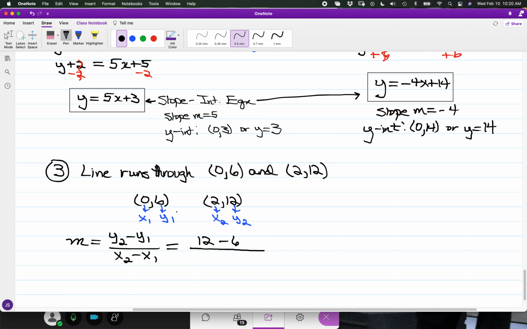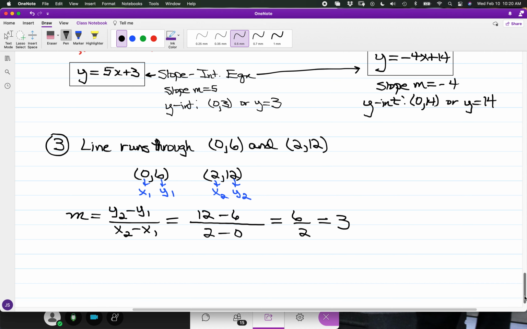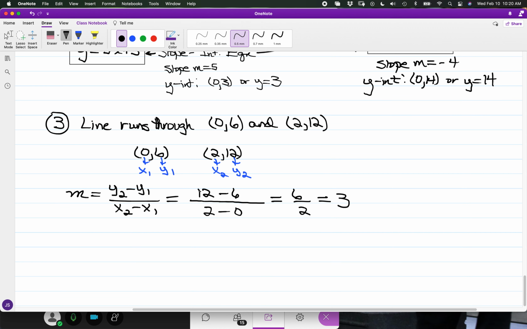Now for x2 minus x1, we're going to have 2 minus 0. And 12 minus 6 is 6. 2 minus 0 is 2. And 6 divided by 2 is equal to 3. So we now have the slope at 3. And in terms of what to do now in the point-slope equation setup, you can choose either ordered pair.